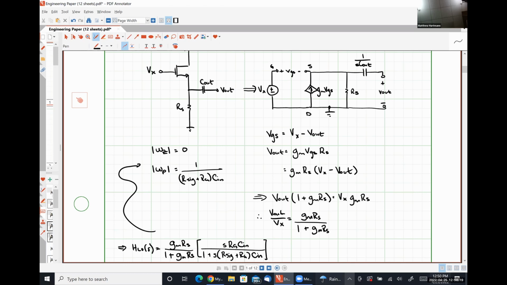Now, just to reiterate here, if we had actually connected a loading resistance here, we would expect to see some contribution, because that would form a voltage divider at the output effectively. So expect something like that on your homework.